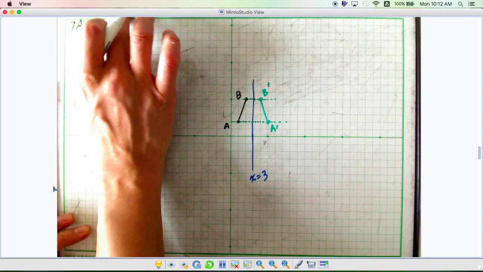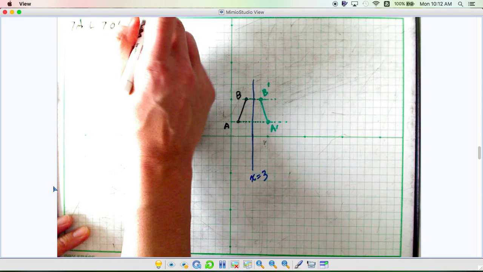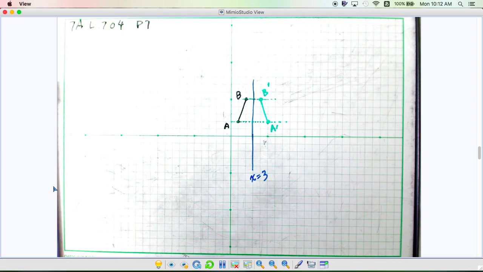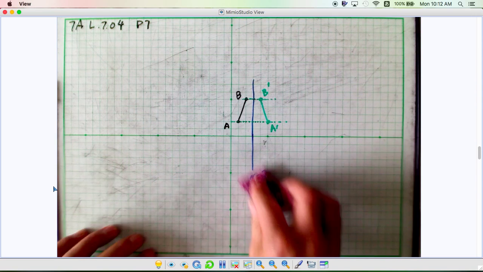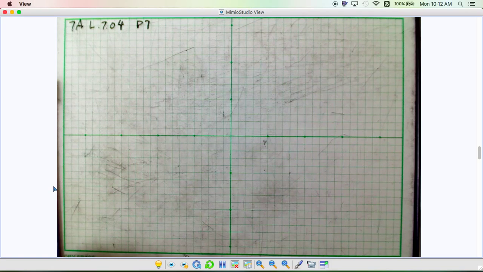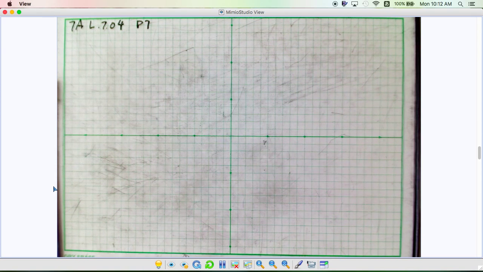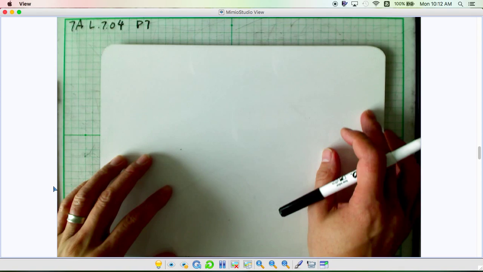Let's look at lesson 7.04, problem number 7, which is on page 7. Draw triangle ABC and the point O. Find the image of ABC after a counterclockwise rotation of 65 degrees. So let's use the whiteboard.